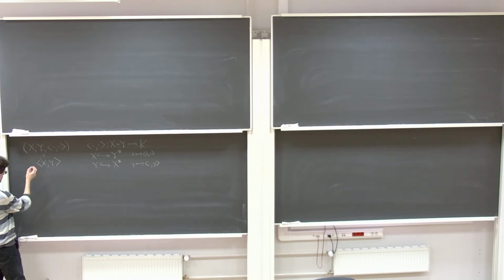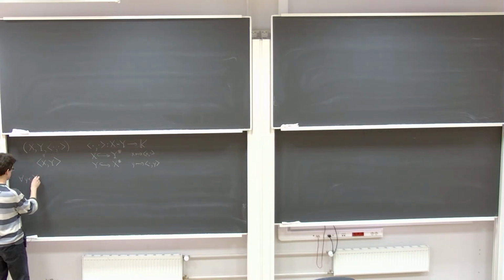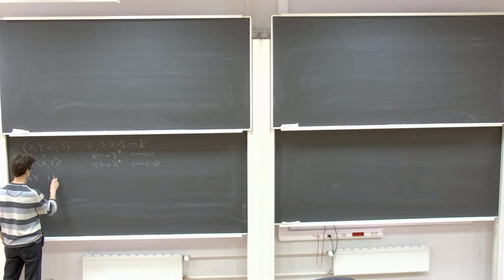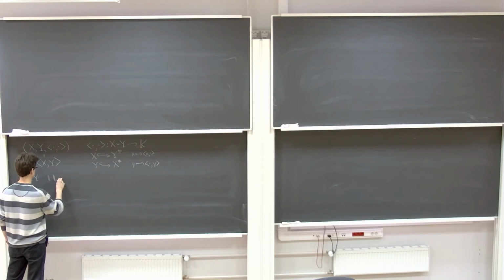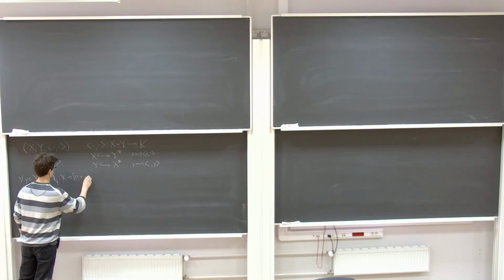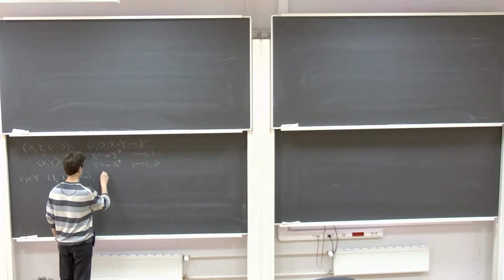If you have a dual pair, then for each element y in the second space Y, we define a seminorm on X by the following formula.